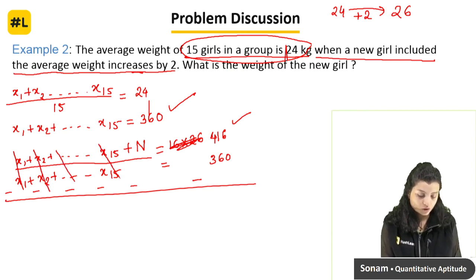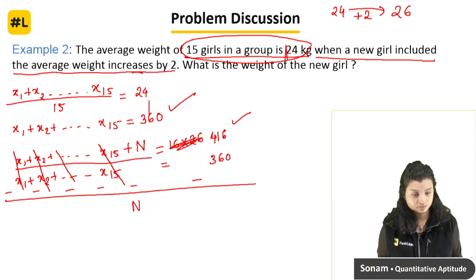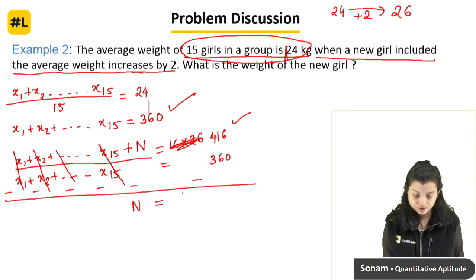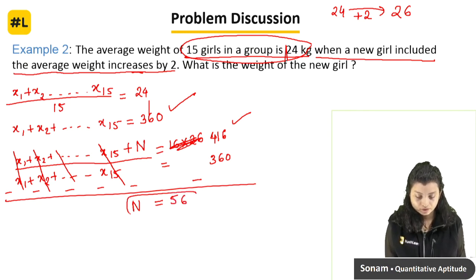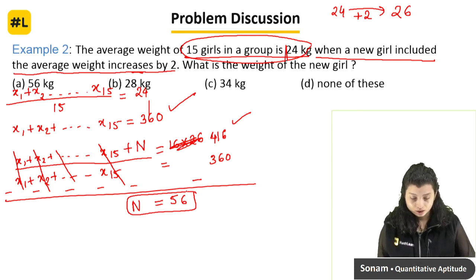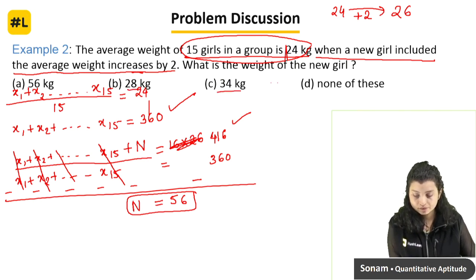Similarly, all these numbers will be cancelled out, only n will be left, right? And n is equal to 416 minus 360. So what will you get? 56. Correct?